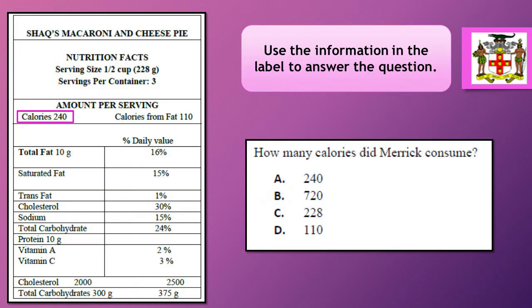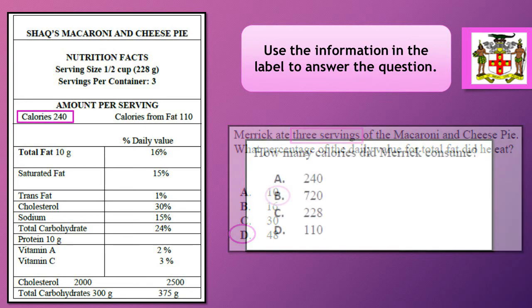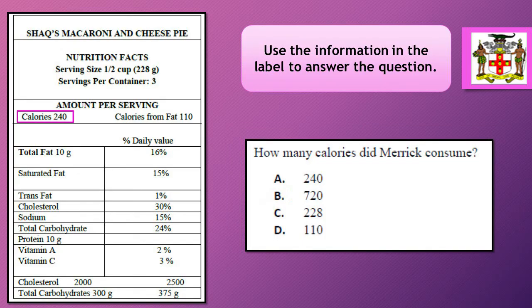And from the first question, we remember that Merrick ate how many servings again? 3 servings. So therefore, how many calories did Merrick consume? How will we find that answer? Yes, we need to multiply the 240 by 3. Let's check our answer. Yes, your answer should be 720 calories.